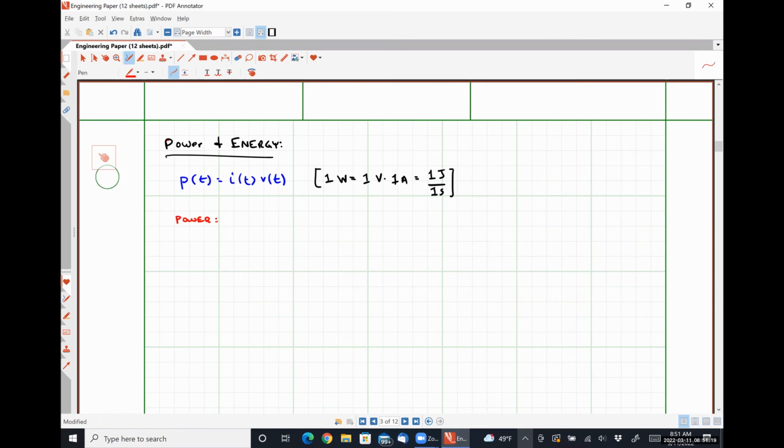Power represents the rate of energy transfer in a circuit.